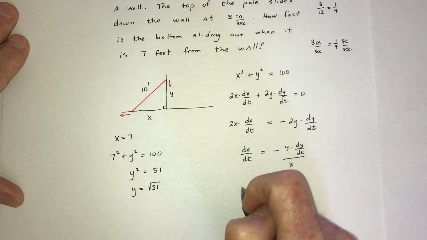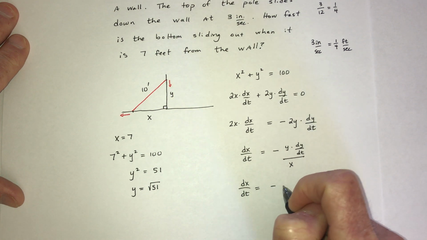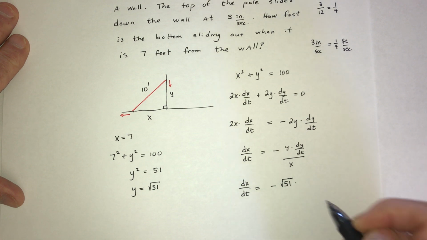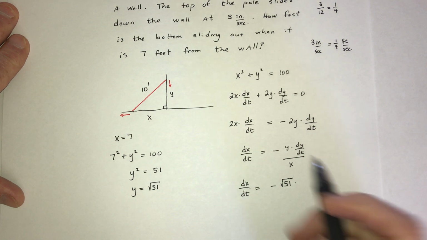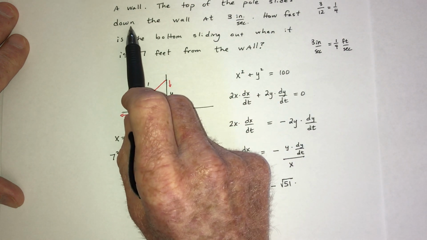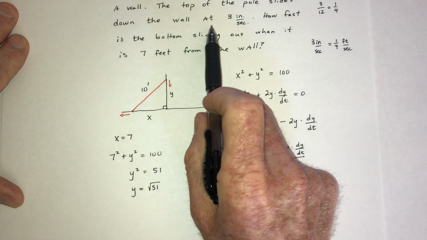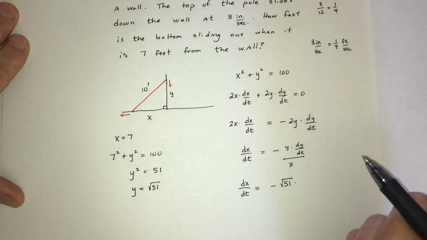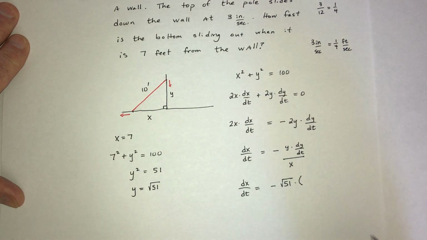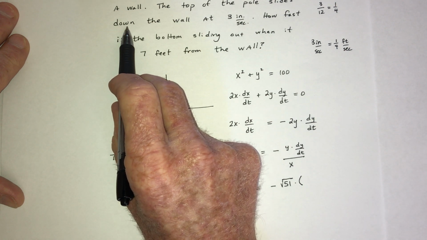And then substitute that information over here. So it's going to be negative, replace the y with the square root of 51. The dy/dt, so the pole slides down the wall, so that is y information, because the y is going down the wall at 3 inches per second. Because it's going down, that means the derivative is negative.